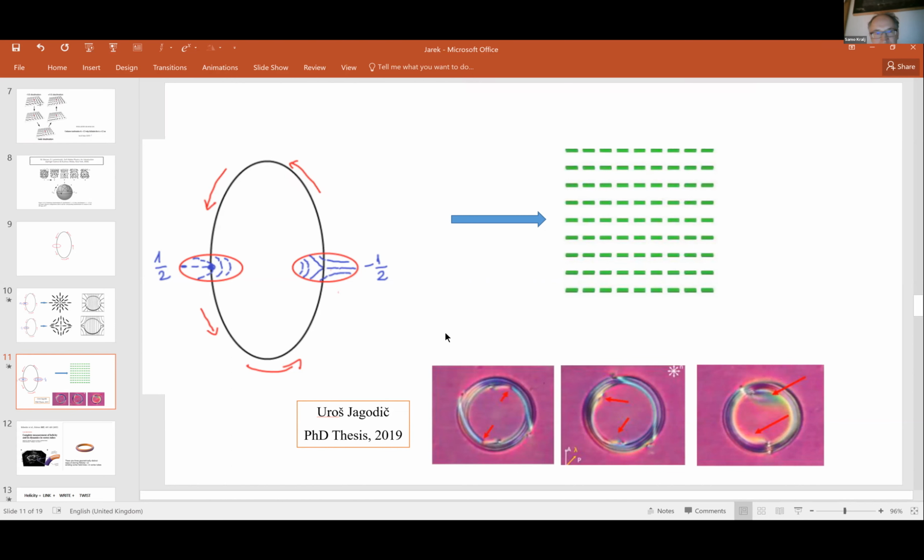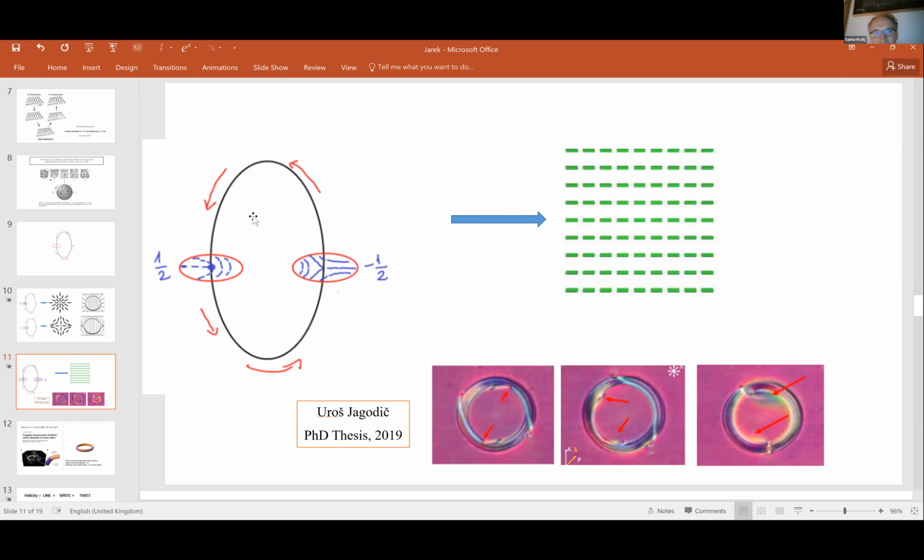But you can stabilize it. For example, if you have a liquid crystal and you quench the system, a lot of these loops are formed because they are not expensive: you see the far field is uniform, so they don't distort. If you have a toroidal topology, then they can pin to tori.